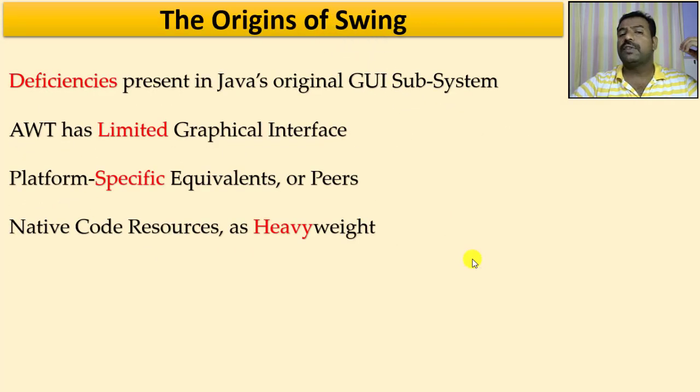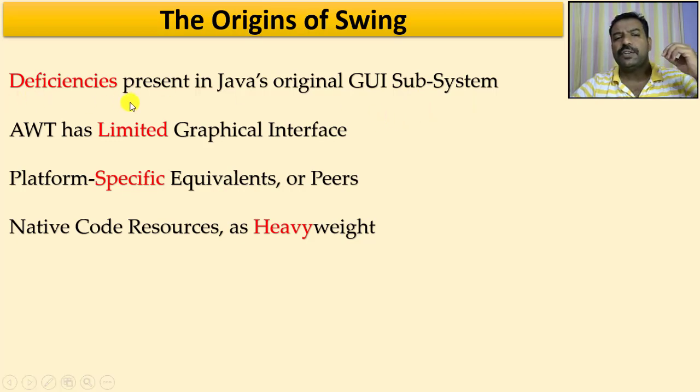Now, the origin of Swing: where exactly did it start? The developers thought we needed an alternative to the GUI subsystem, that is, the AWT subsystem we add in a Java program.